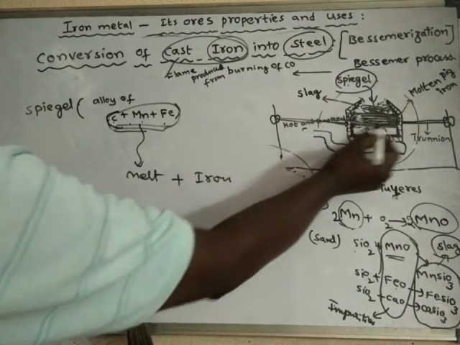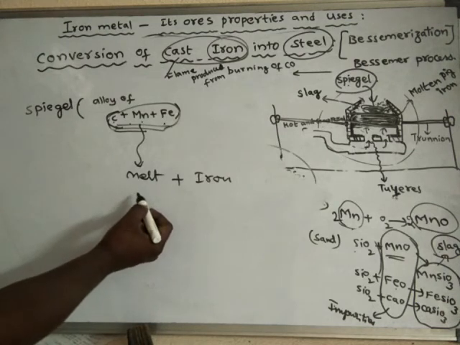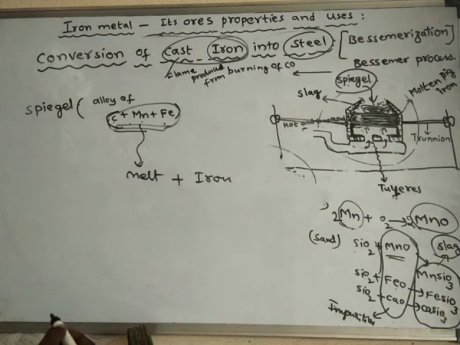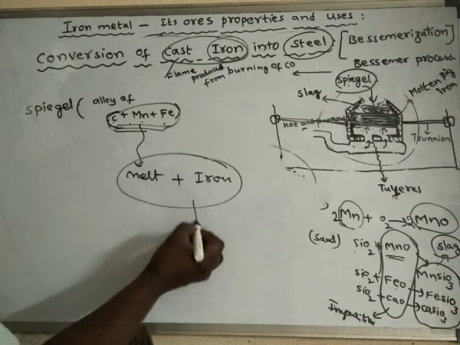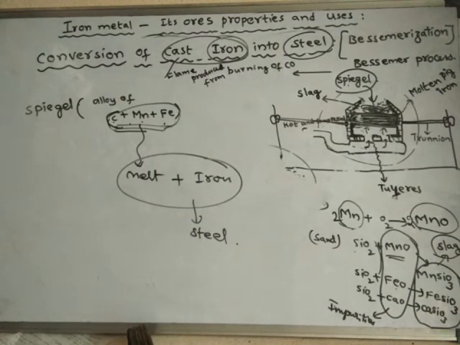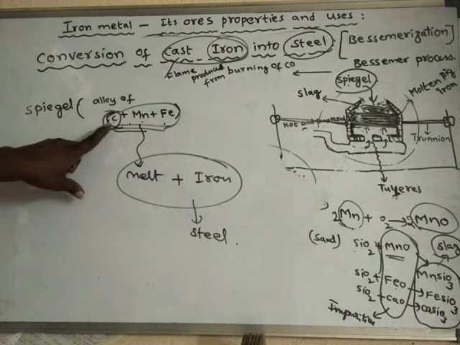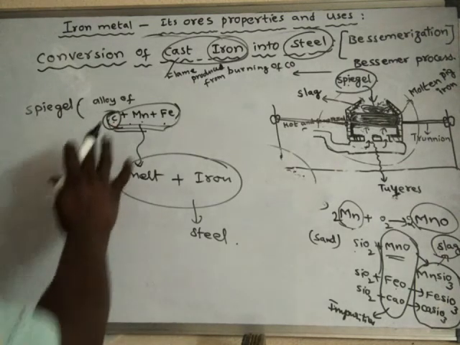Already the iron is present in molten form. Now this is called steel. The amount of carbon will bring hardness to that steel, so the hardness of the steel depends upon the amount of carbon present in it.